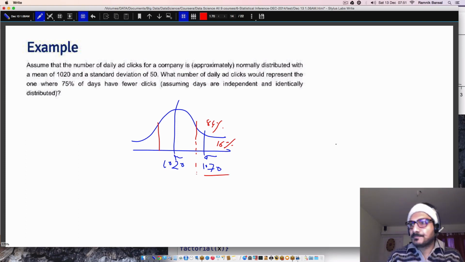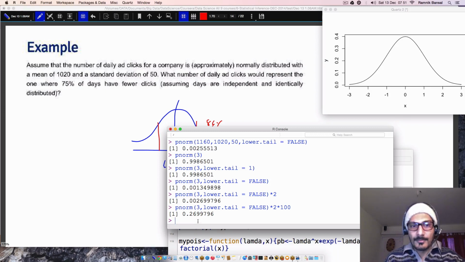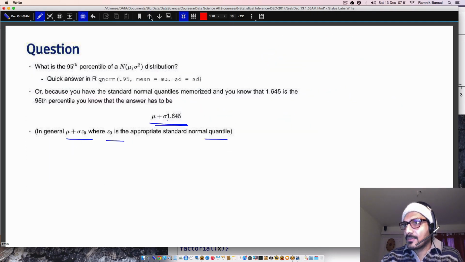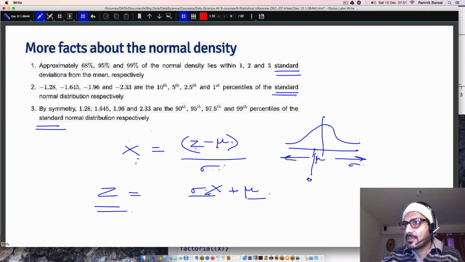Now I can straight away use the qnorm formula, right? Remember, didn't we say that approximately 68% of the normal density lies within one standard deviation from the mean?